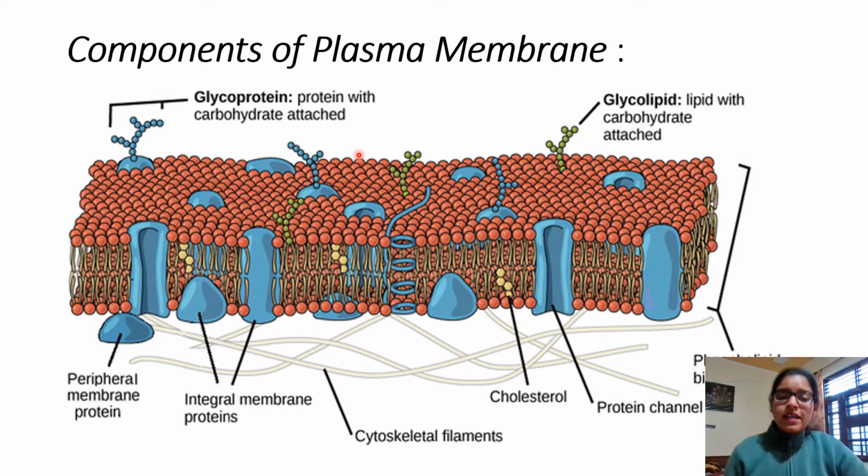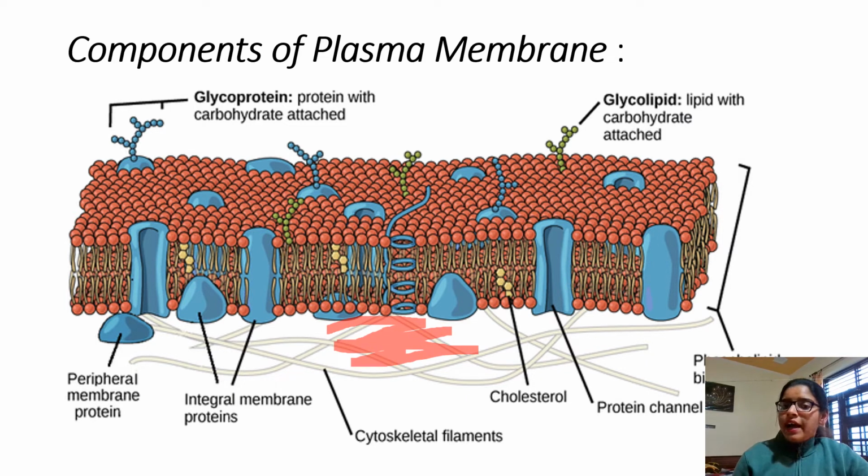So the extrinsic proteins are also called peripheral proteins. That is, extrinsic proteins are those proteins which are present on the periphery. They can be present on the cytosolic side, and they can also be present on the non-cytosolic side. So here you can see, this whole portion is the cytosolic portion, and this is the non-cytosolic portion, right?